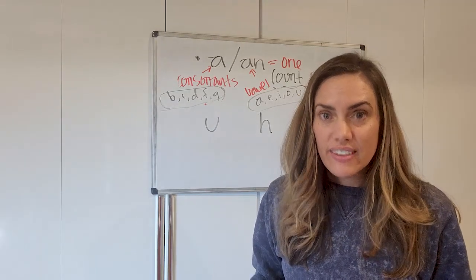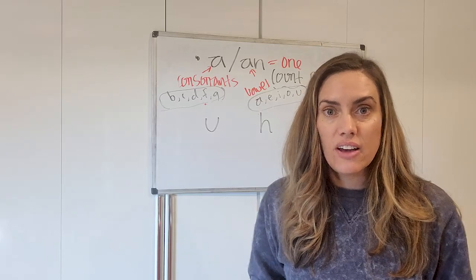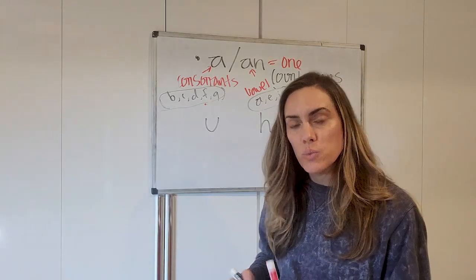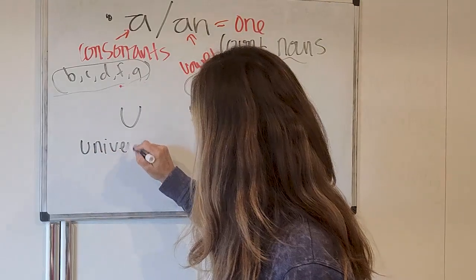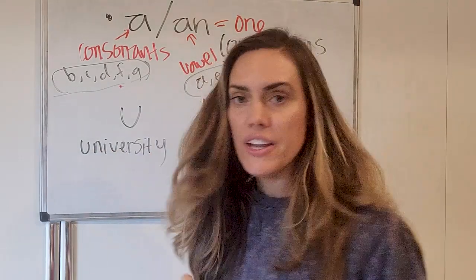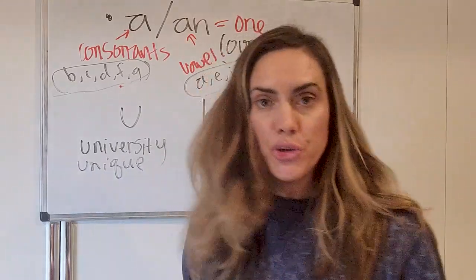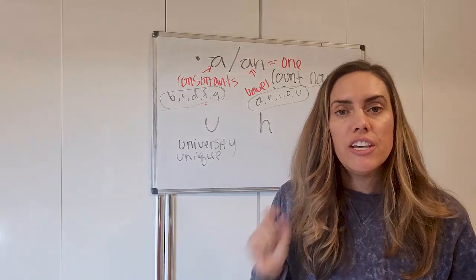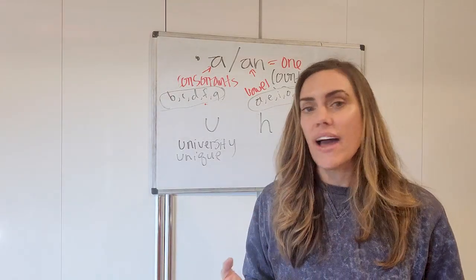Y is not a vowel sound. That's a consonant. Y is a consonant, okay? So some words will say like university, right? University, or unique. So these sounds, university, unique, that's a Y sound. That's not a vowel.